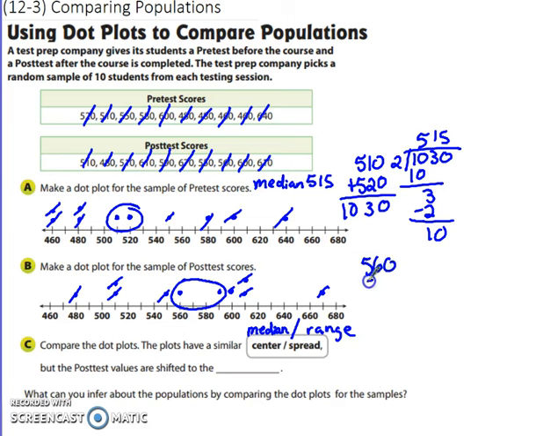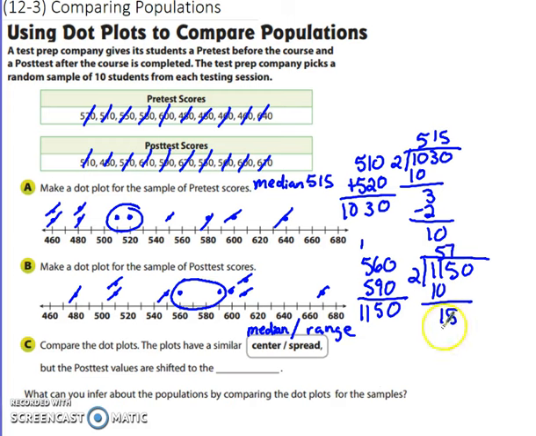We are going to get 1,150. 1,150 divided by 2 goes in there 5 times, 7 times, and 5 times. So the median for the post-test is 575.